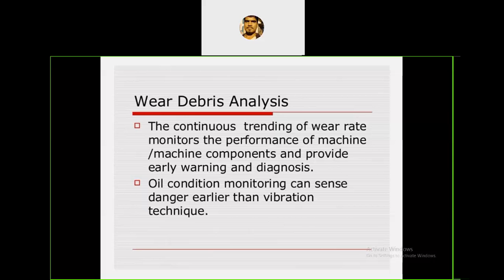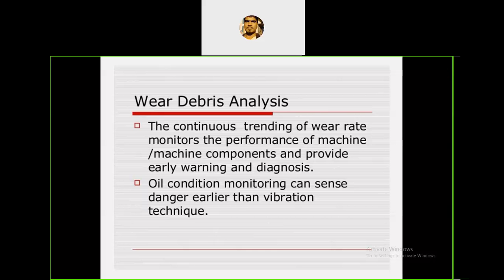Of course, delamination theory is also with respect to wear. It has four important steps, and through that we prevent wear and take the necessary measures to control it. Similarly, here is one more theory, that is debris analysis. This debris analysis is the continuous trending of wear rate. It monitors the performance of the machine or machine components and provides early warning and diagnosis.